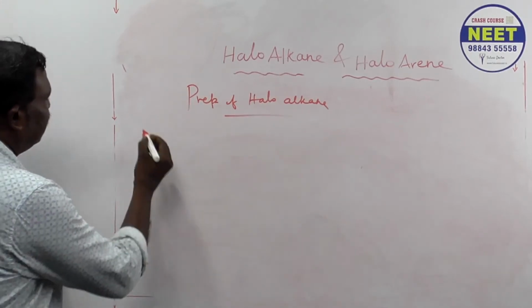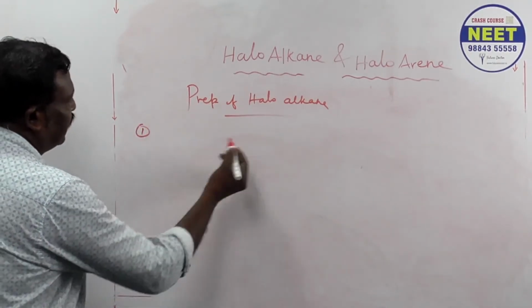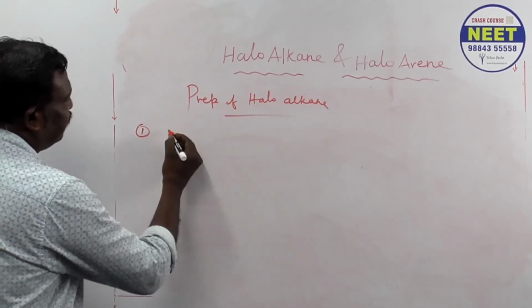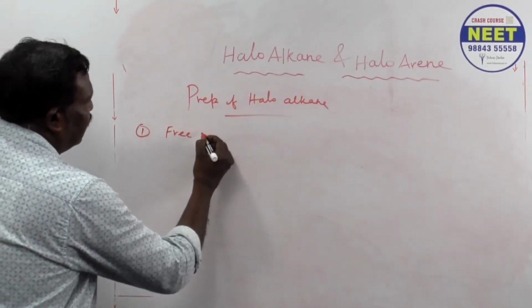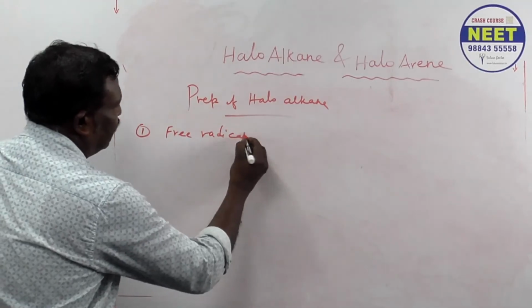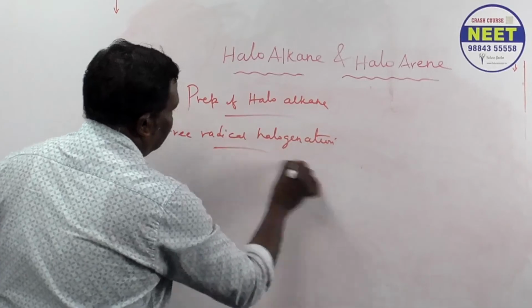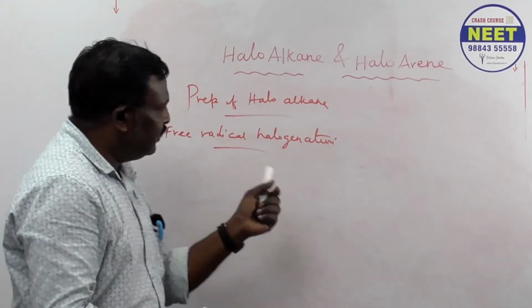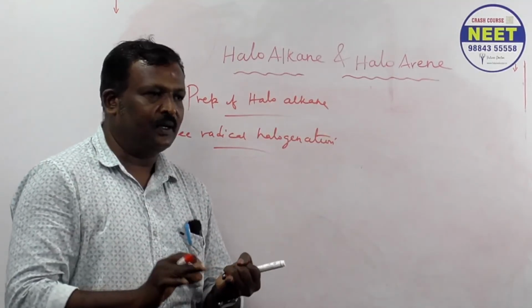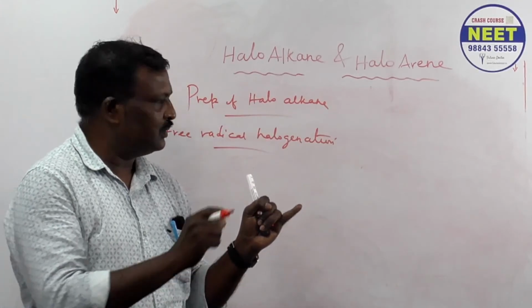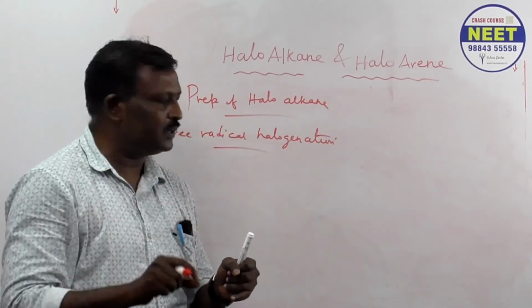Most important, listen, very important one: free radical halogenation method. I already told you the name reactions are very, very important. Then for each and every reagent we have some role.